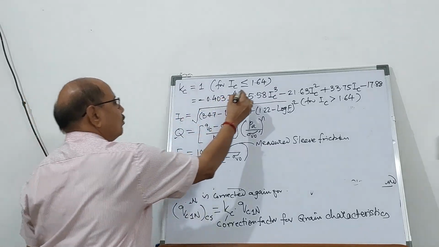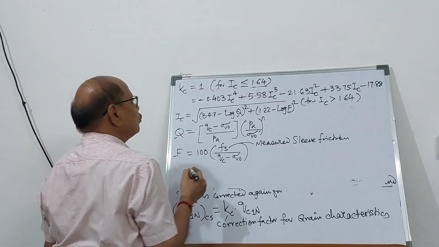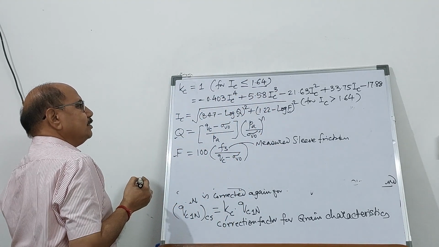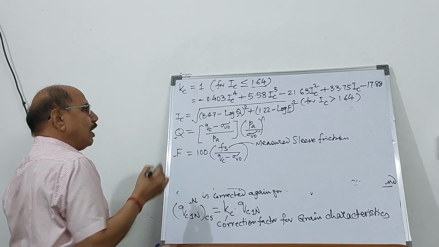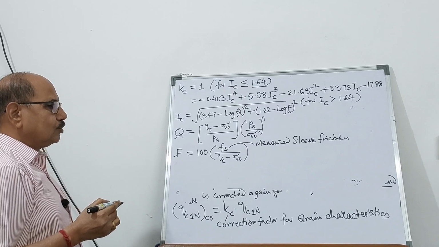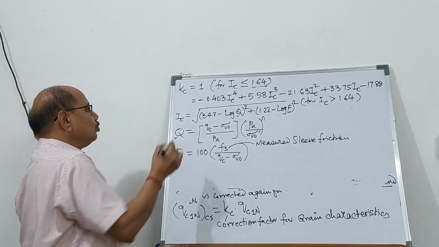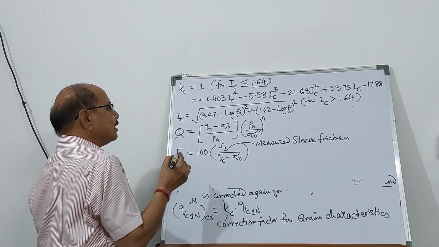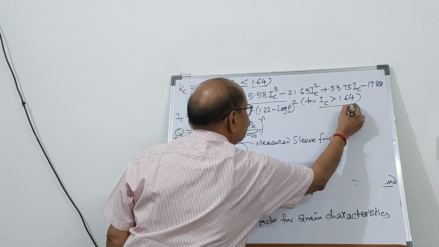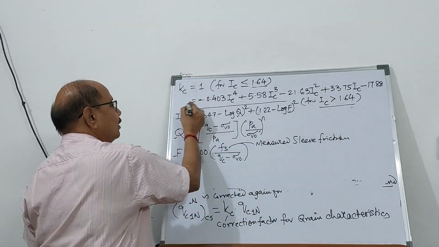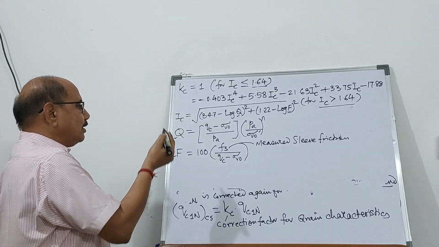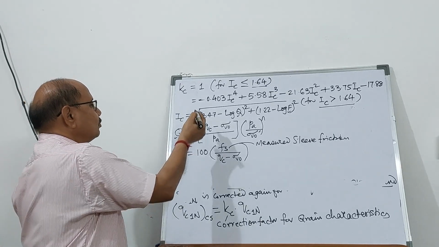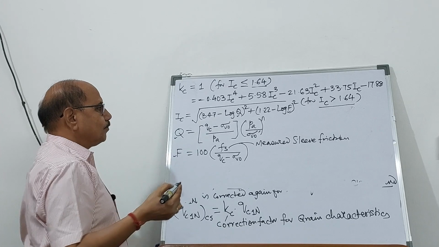Depending upon the value of Ic, if it is less than or equal to 1.64, then take the value of Kc equal to 1. So for clean sand, you get the value of Kc. But if Ic is greater than 1.64, you have a long expression, and that needs to be used to calculate the value of Kc.